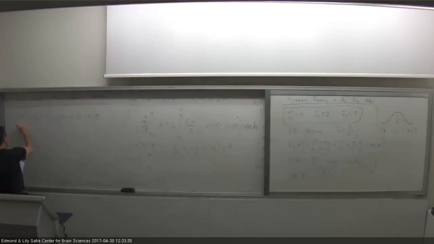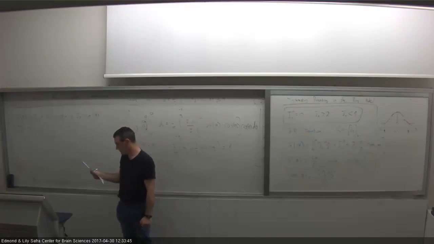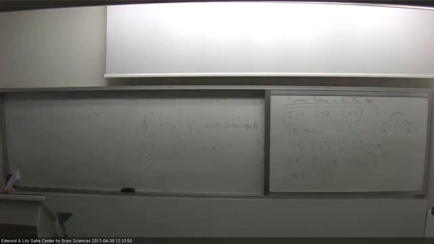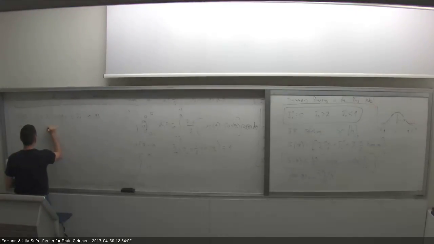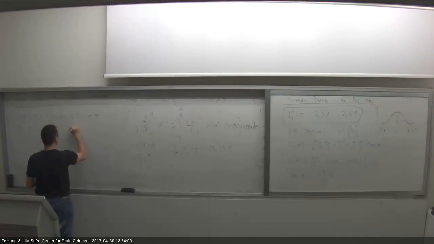And we will consider the untuned case. So there is no selectivity in the external input. We will consider the case of J1 that is larger than 2 and J0 that is smaller than 1.